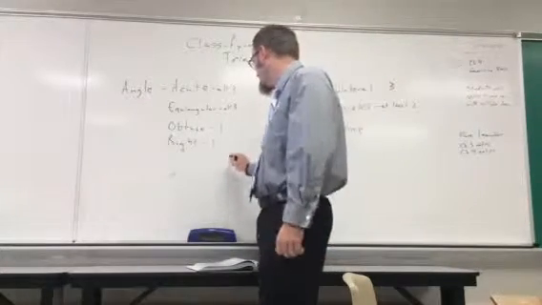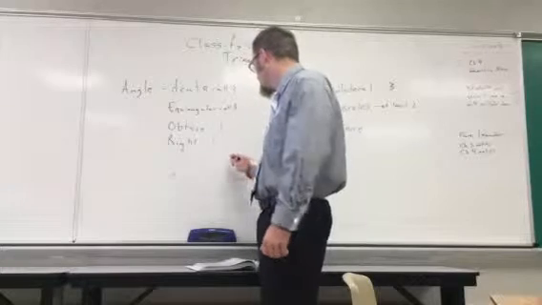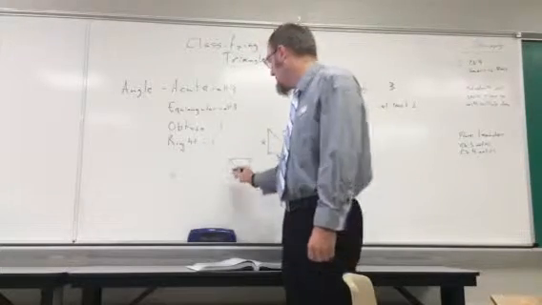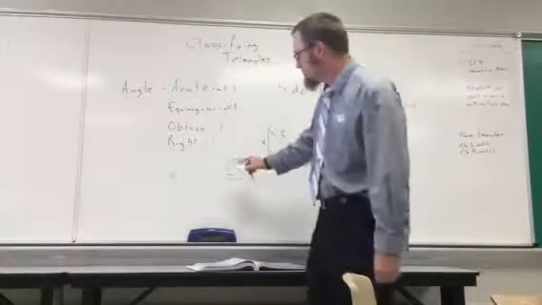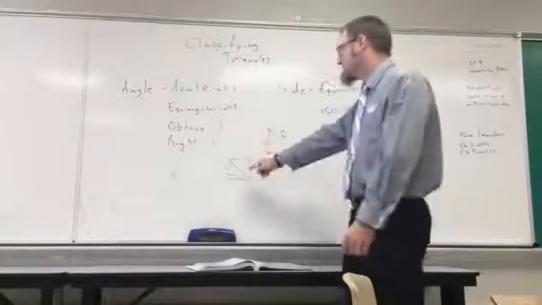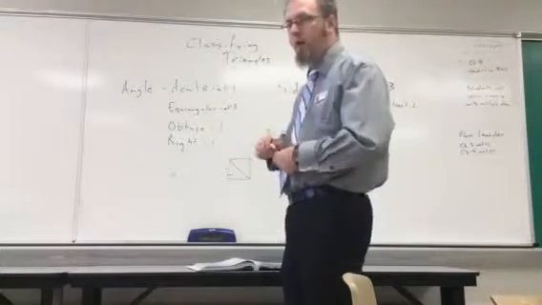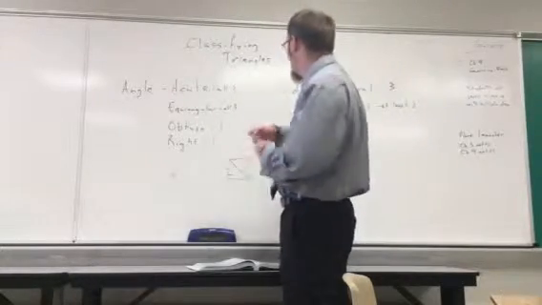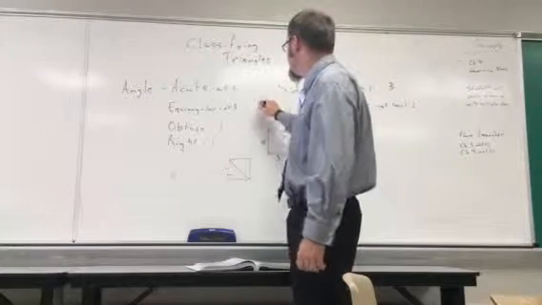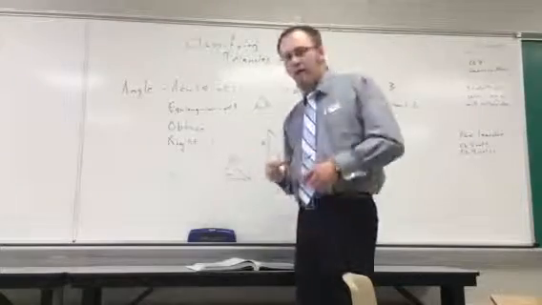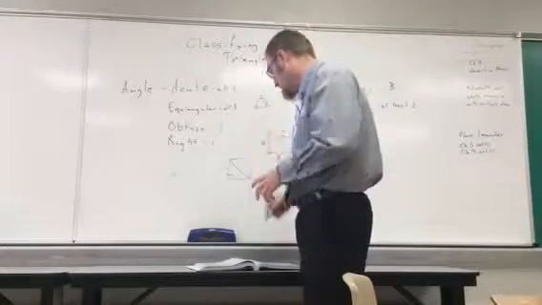If I have one of these really cool squares and I cut this right down the middle, I know these two sides are the same and that this is a right angle. So this would be a right isosceles triangle. So make sure you know when and where you can apply both of them. And of course, remember too, if we have an equiangular triangle, it is also an equilateral triangle.